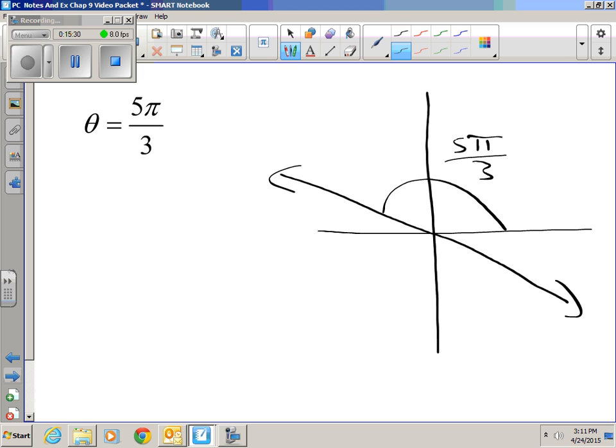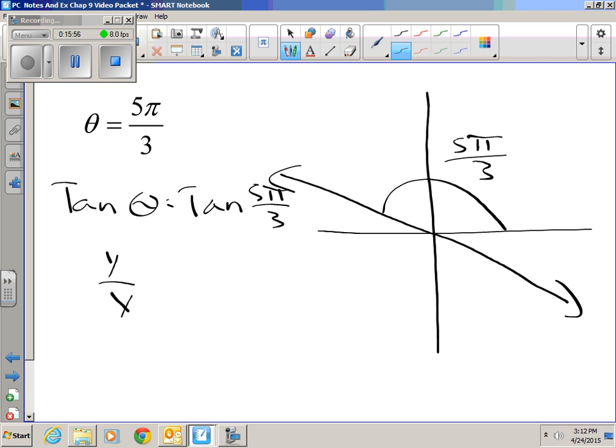Okay? But again, we can do this algebraically by saying theta is equal to 5 pi over 3, and I know that tan theta, I'm going to take the tan of both sides, so tan theta is equal to tan 5 pi over 3. Well, tan theta is y over x.